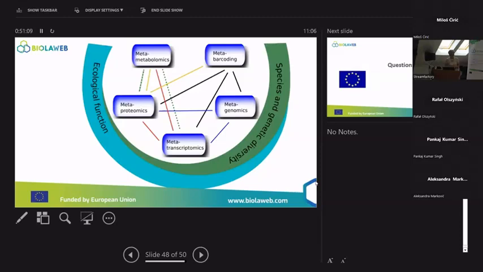You also have metagenomics, metatranscriptomics, metaproteomics, metabolomics. And each of these tools has specific applications. Here we will focus on metabarcoding, which is more dedicated to analyzing species and genetic diversity, while some other applications are more dedicated to understanding better ecological functions.